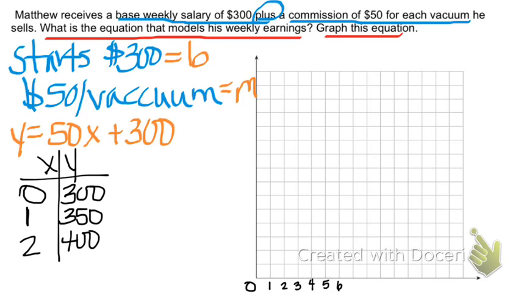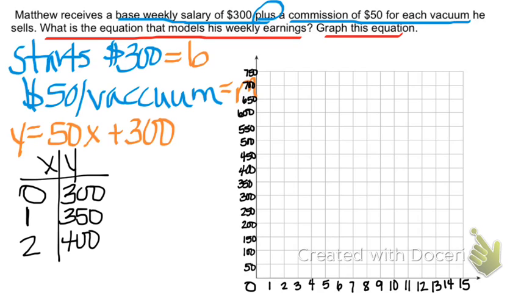Alright, and then here on the y-axis it would be 50, 100, 150, 200, 250, 300, 350, 400, and so on. So you go ahead and number your axes like you need them so that you can graph this.